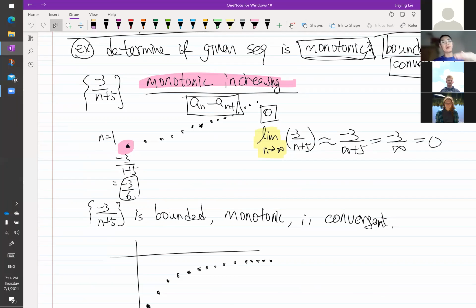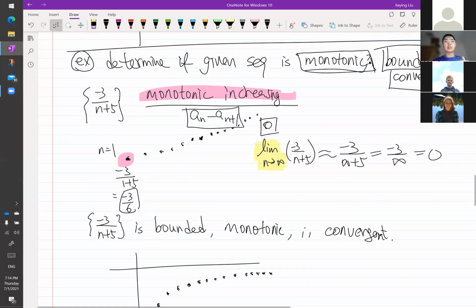It means bounded from above and below. So after I know it's increasing or decreasing, I figure out the lower bound by using either the value of the beginning element or the value of the last element.